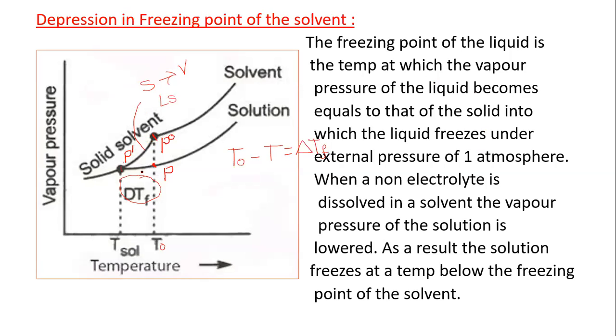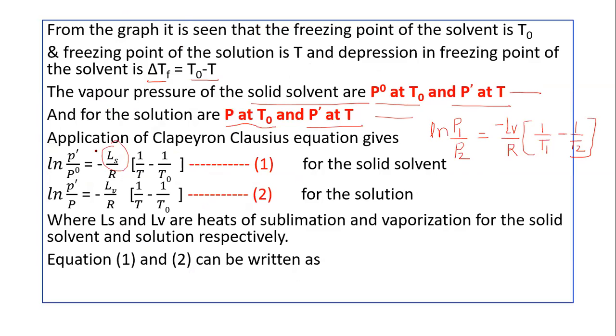Now look at the solution curve between P and P dash. The solution is in the liquid state, and a liquid has a tendency to convert into the vapor state, so we use the latent heat of vaporization, LV. In this way these 2 equations can be written, where Ls and LV are the heats of sublimation and vaporization for the solid solvent and the solution respectively.